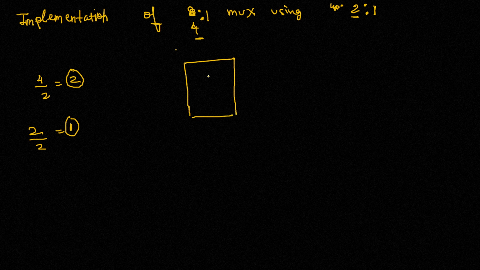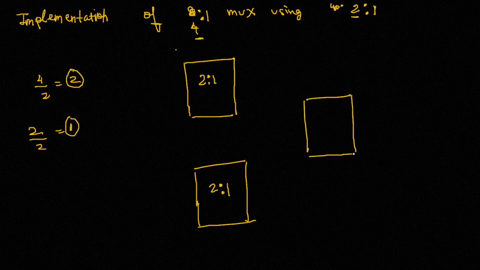So we have two 2 cross 1 muxes, and another 2 cross 1. The first two multiplexers here have a single select line, S0, and the second one has a different select line, which is S1.